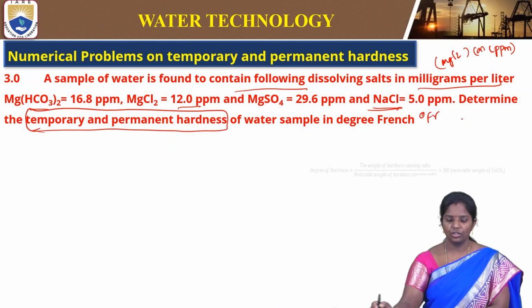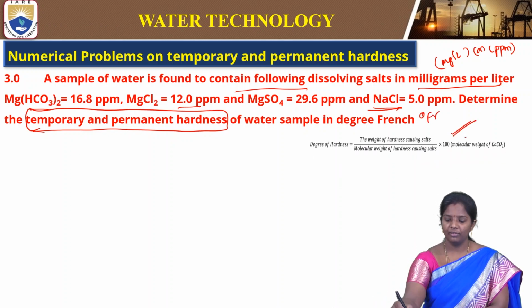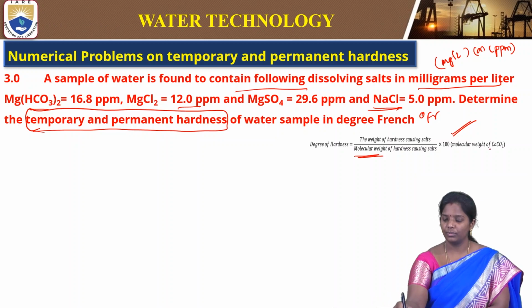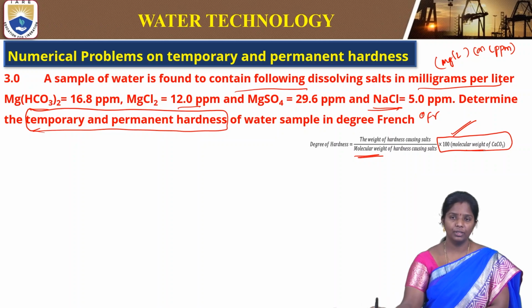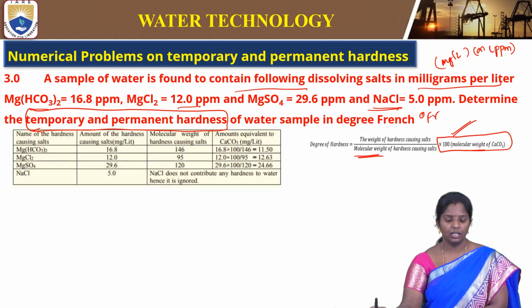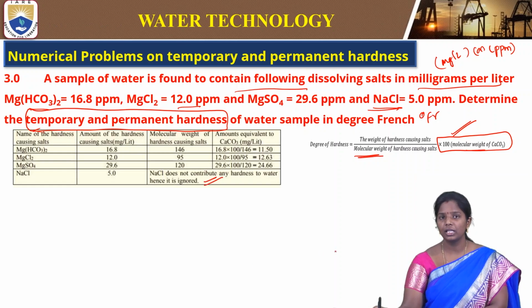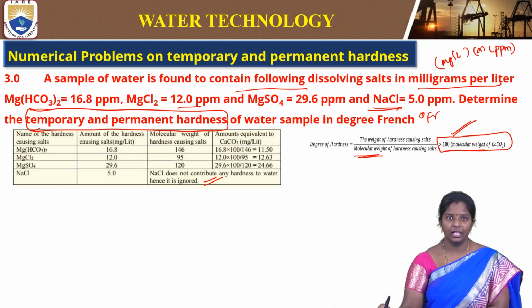The same formula will be used: degrees of hardness is the weight of the hardness causing salt divided by its molecular weight, multiplied by 100, the molecular weight of calcium carbonate, to get it in equivalents of calcium carbonate, and we will put it in the table. As we know, sodium chloride does not contribute to any hardness, so it will not be considered in the calculations.